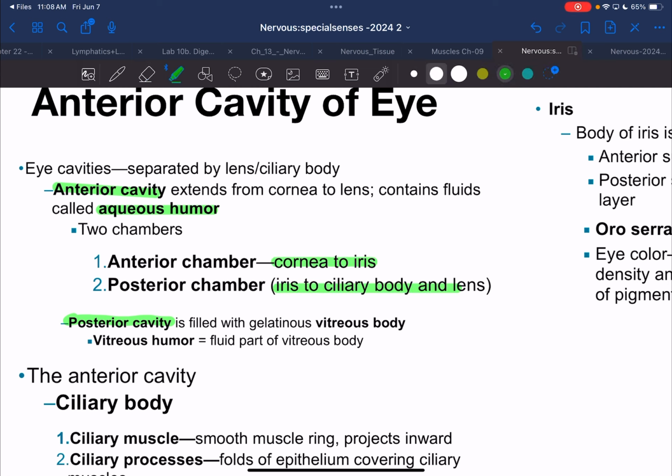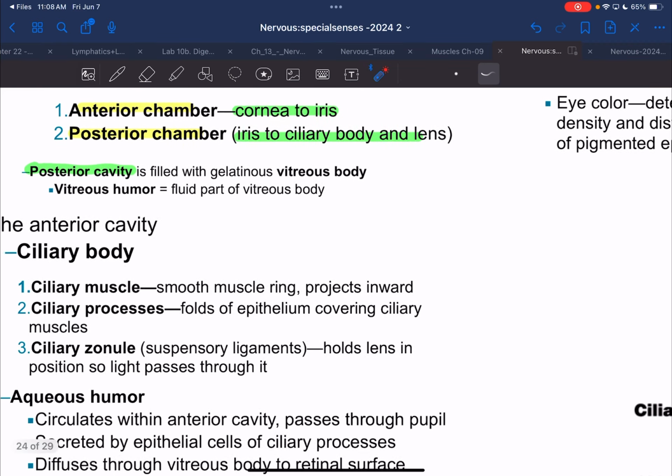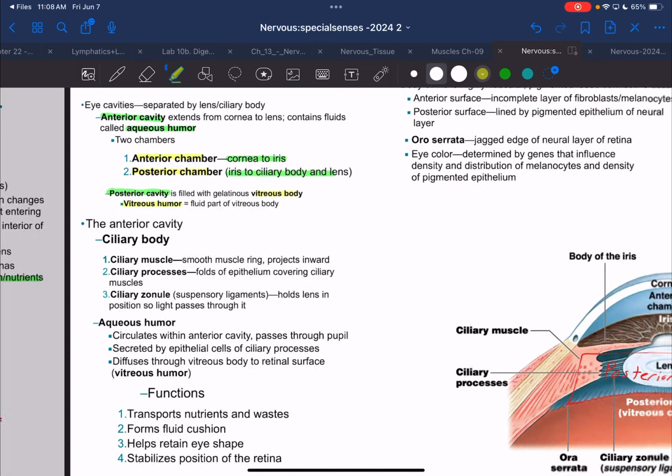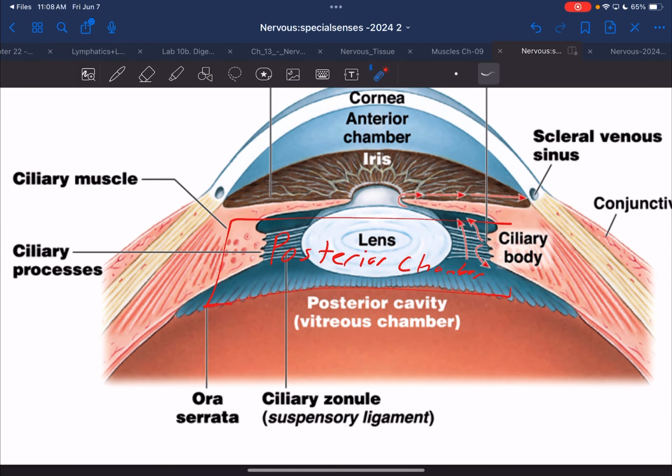And then we finish up with the eye on the posterior chamber, and to finish up with Miles' question, in this posterior chamber you have this large gel-like substance in the back here.